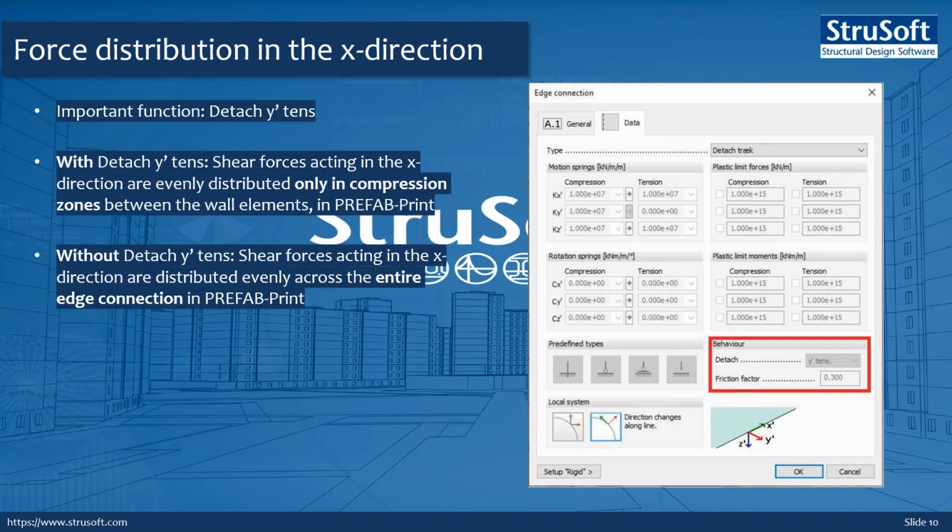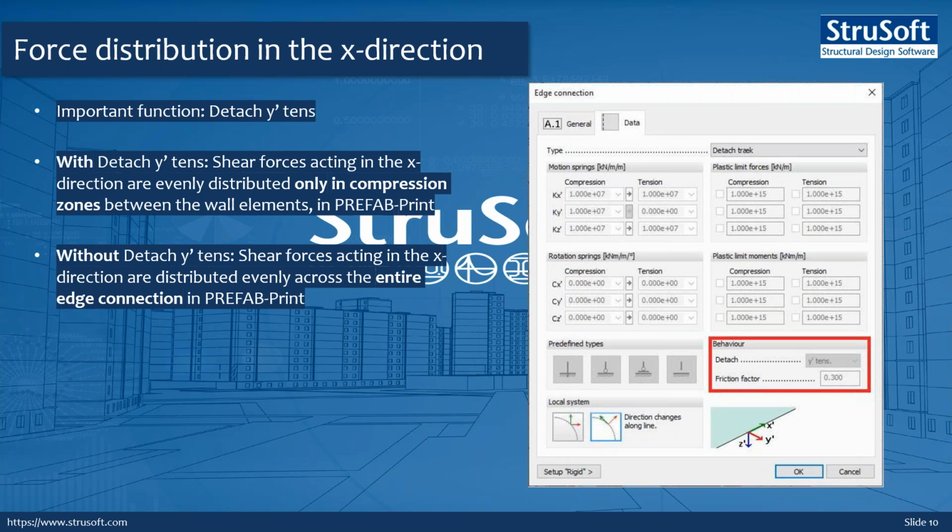A very important feature to use in FEM-Design is the detach function, as shown here. This is very important, at least in Denmark, and I know there are other countries doing it like we do. So in Denmark, when we place two walls on top of each other, we don't want any tension between those walls if the wall above is about to overturn.